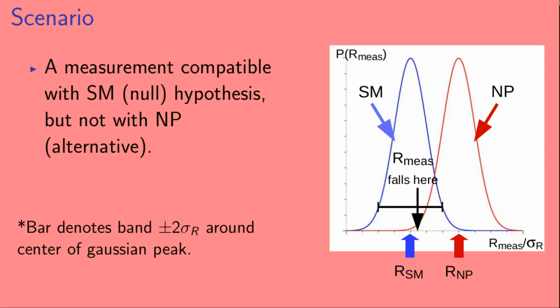So here we show a measurement that would be considered compatible with the standard model, with the null hypothesis, but not compatible with the new physics model, the alternative hypothesis. So here R measured has fallen within 2 sigma R of the value RSM, but it has not fallen within 2 sigma R of RNP.